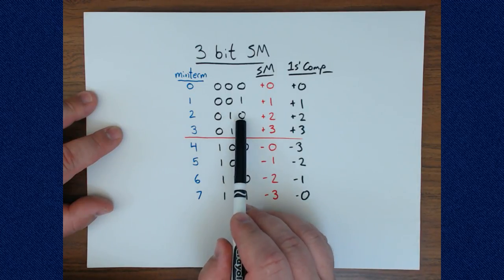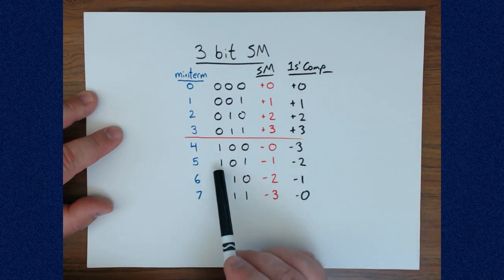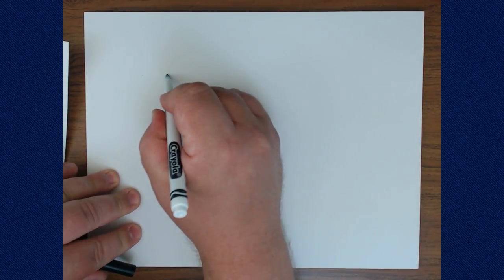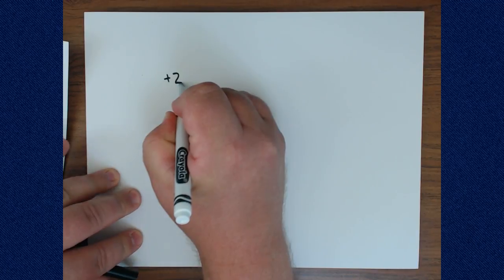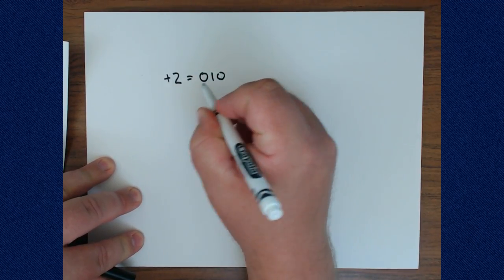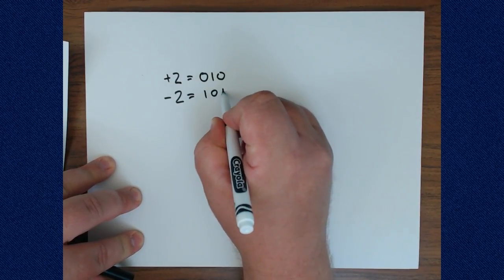If we look at negative 2, it's the bit pattern 1, 0, 1. Let me put those a little closer for you. So positive 2 is 0, 1, 0, and negative 2 is 1, 0, 1.